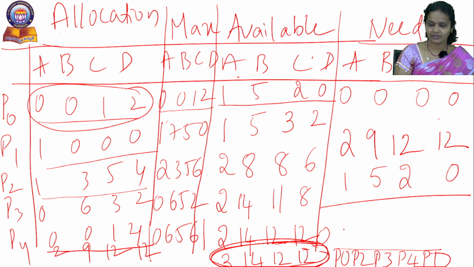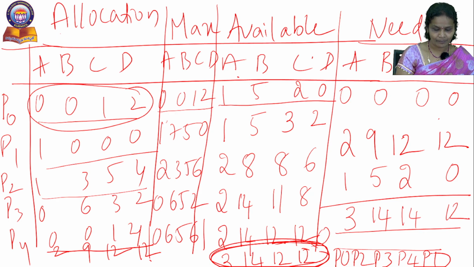So what we are getting is something like 3, 14, 14, 12. Sorry, here this value is 10. By mistake I have written 12. So here we are getting it as 10. So 10 plus 2 is 12.